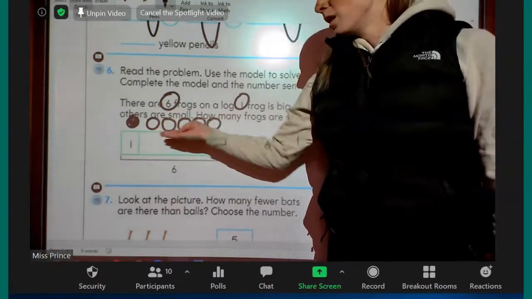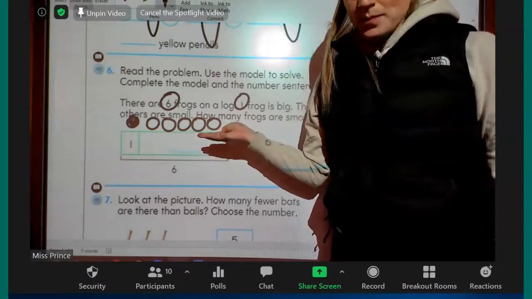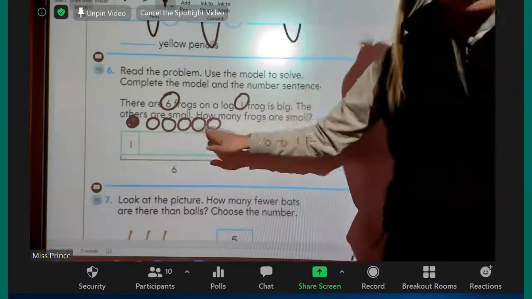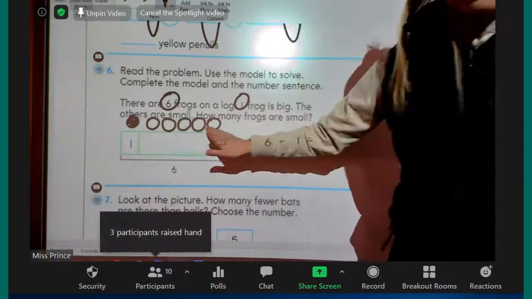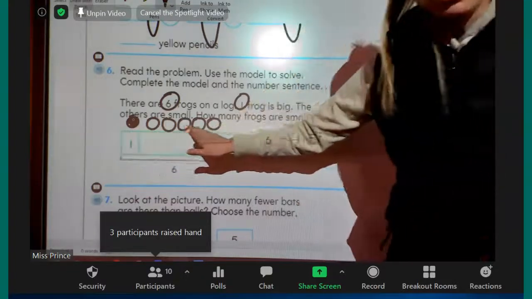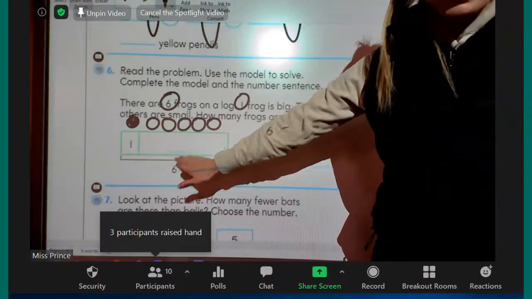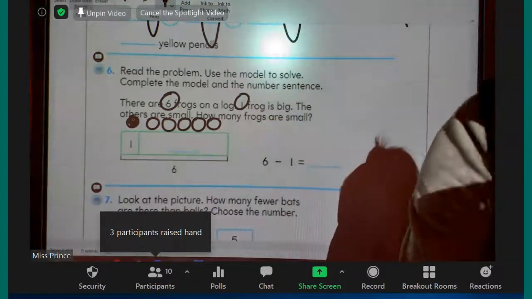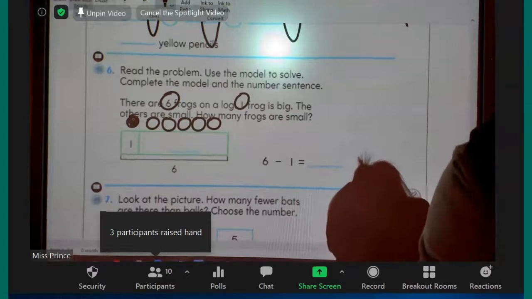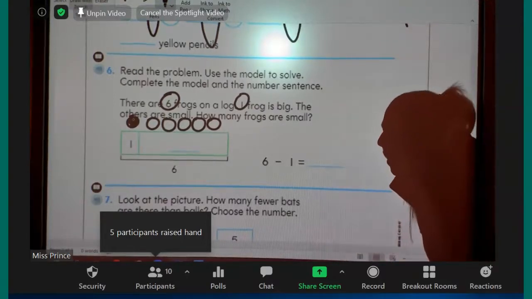The ones that are small is our mystery number. But because we put all the circles on top of our box, we can figure out how many of them are small. So if you know how many are small and can tell me the number that goes in this box, please raise your hand. Wow, look at all these hands. Keela, how many are small?